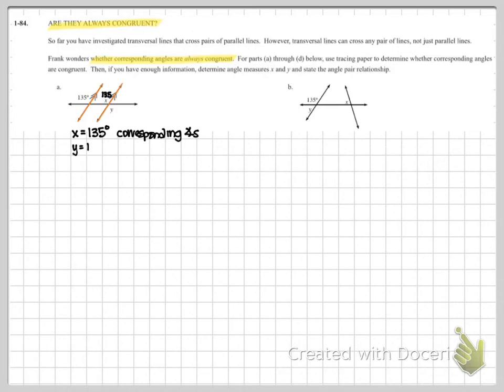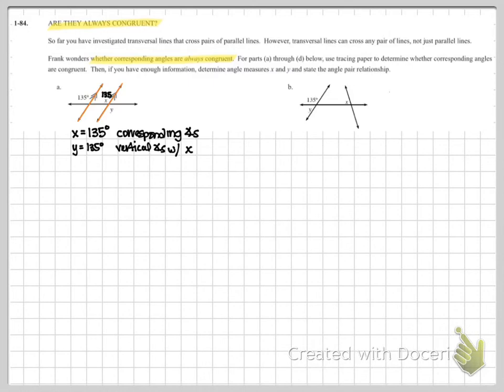And Y is going to be 135 degrees, and that is because it is vertical angles with X. So we know that they're going to be the same size, but we can test this out by using tracing paper or like a thin piece of paper. You can even use parchment paper from your kitchen.